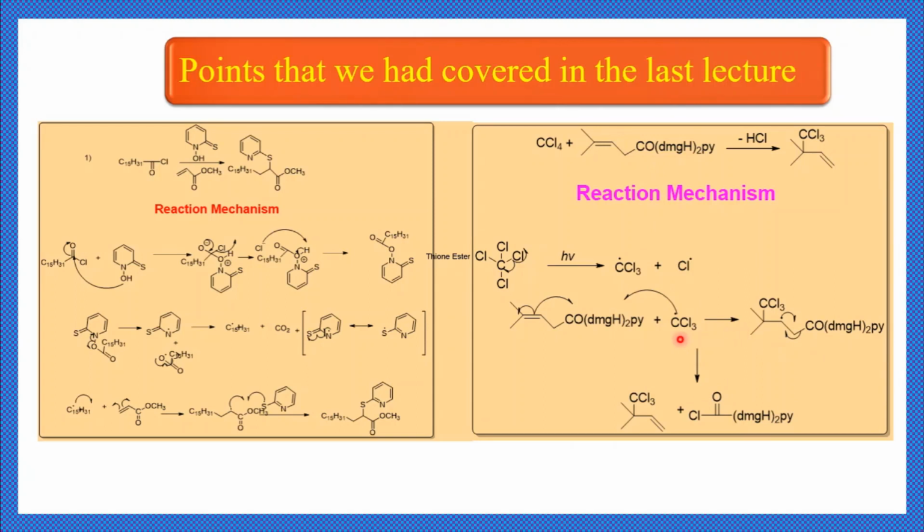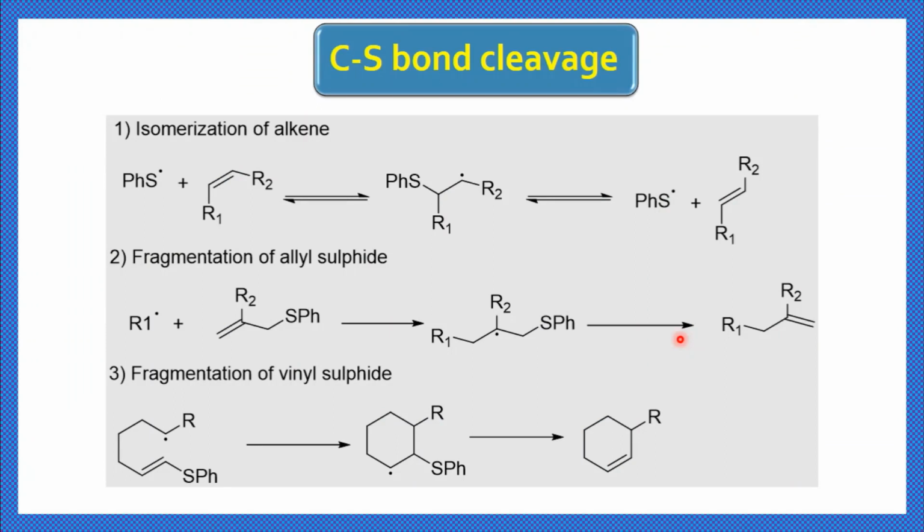Okay, now let's move to the next slide. Students, in today's lecture, I am going to teach you the CS bond cleavage, carbon-sulfur bond cleavage. These are the three types of reaction that involve CS bond cleavage: isomerization of alkene, fragmentation of allyl sulfide, and fragmentation of vinyl sulfide.